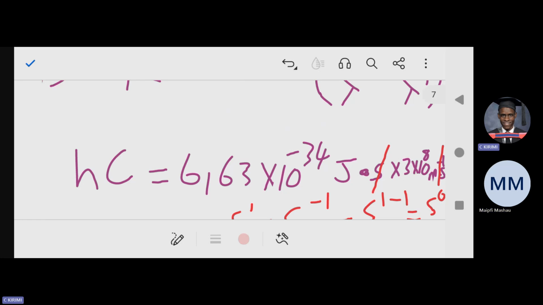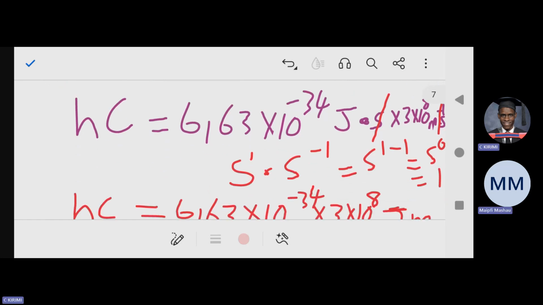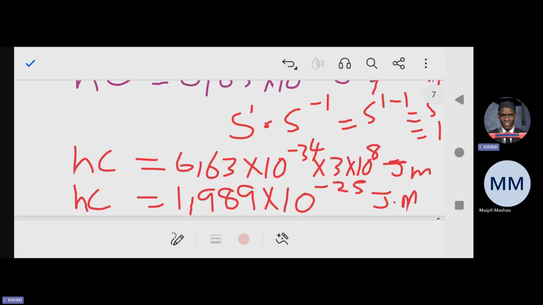That's why we have joule meter. So if you are having your HC in terms of joule meter, is it a problem? Why is it a problem? It's still fine. You can still use the joule meter. Then you convert to joule.